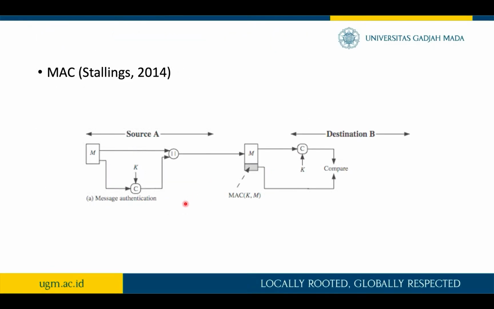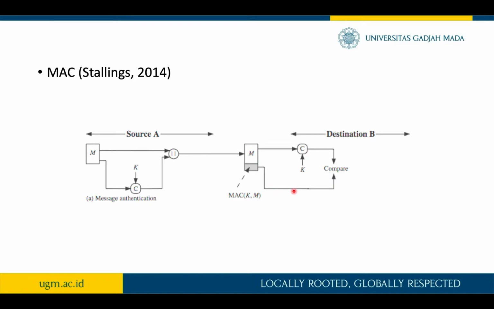This is the illustration of message authentication code. So here the sender will generate the message authentication code using the secret key, and the sender will send the message together with the message authentication code. Sometimes the message authentication code can also be encrypted.